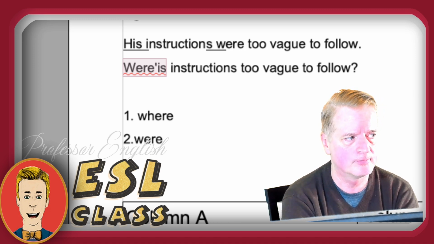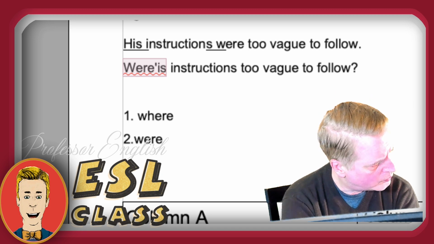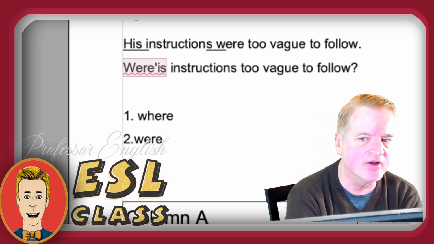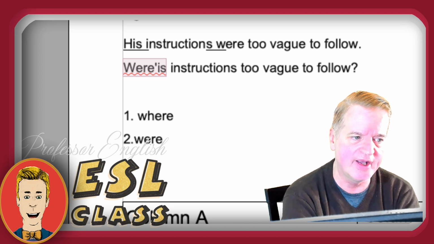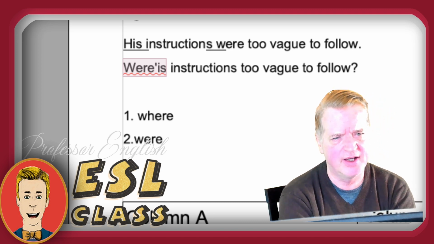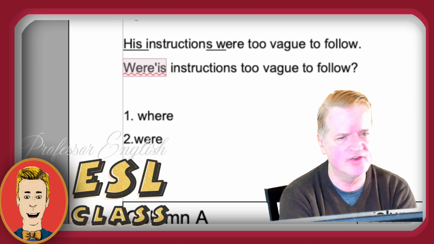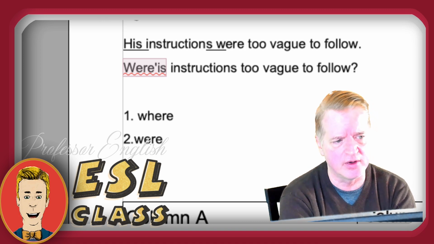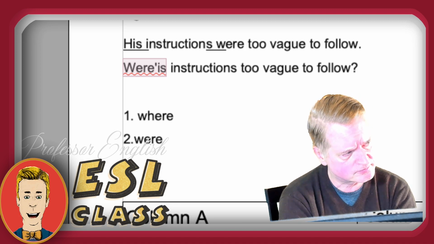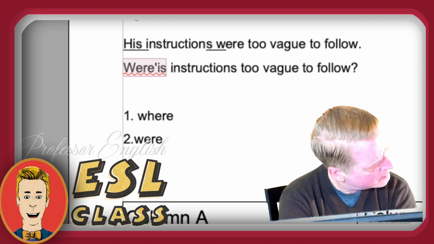No, his instructions were too big to follow. Big or vague? Which one is correct? Vague. It has to be vague. Big has to be very big. Noah's instructions weren't too vague to follow. Noah's instructions were not too vague to follow.